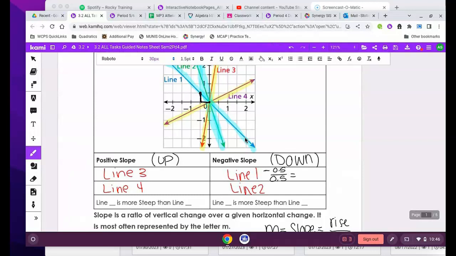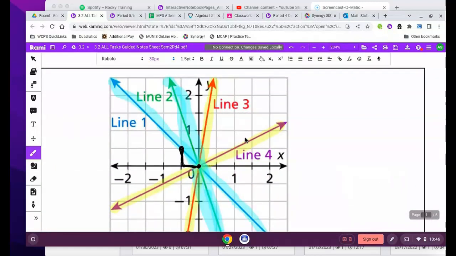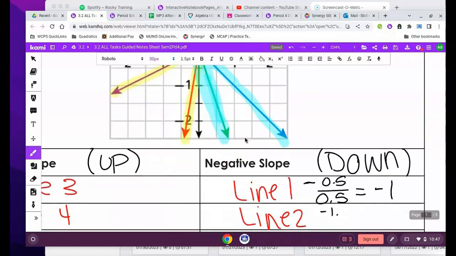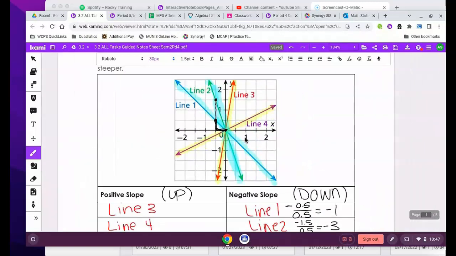Negative 0.5 divided by 0.5 is negative 1, so I have a negative slope. Looking at line 2, I can pick this point. I'm going down 1.5 and over 1/2. I'll divide those: negative 1.5 divided by 1/2 gives me negative 3. Notice both of them are negative slopes because they're going down.